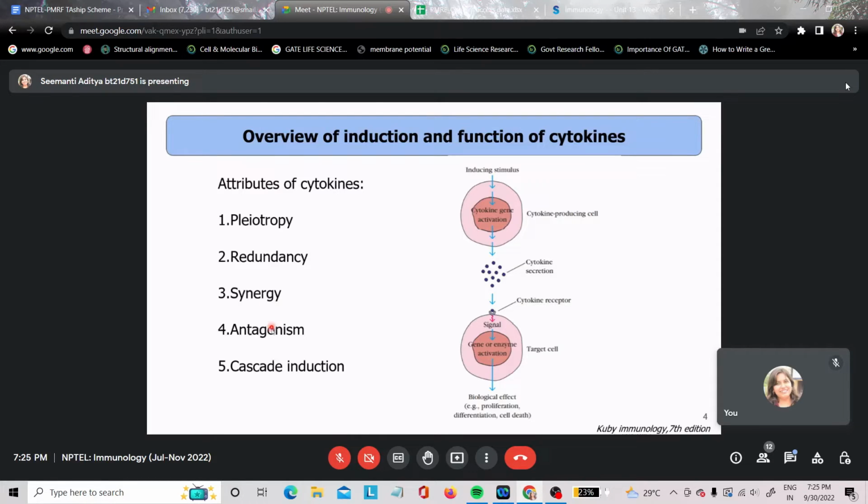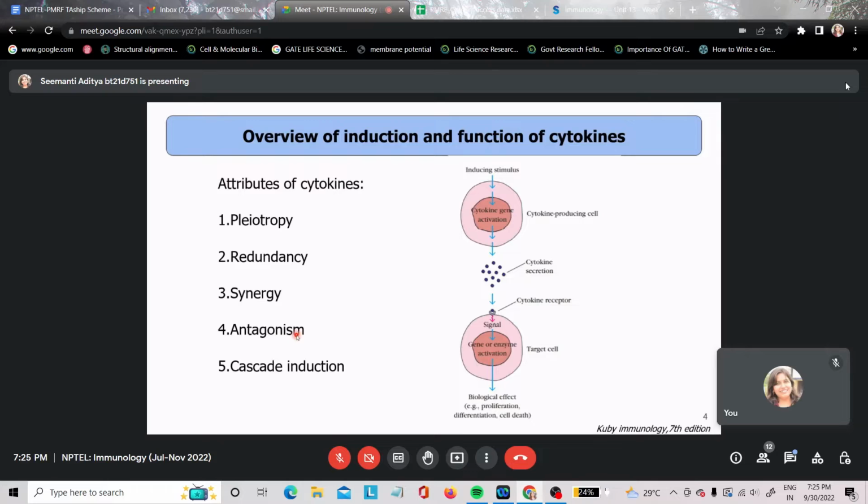What do you mean by antagonism? Antagonism means some kinds of cells, interleukins, or cytokines help in reducing the amount of any kind of effect. It could be class switching, or cell death, or reducing the proliferation rate. So anything that is negative to what all other cytokines are doing.